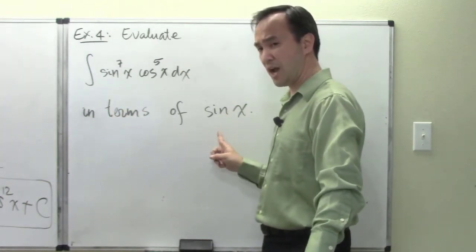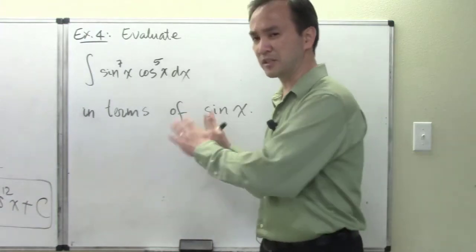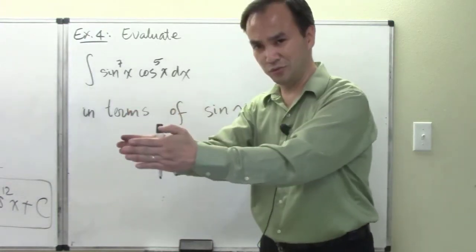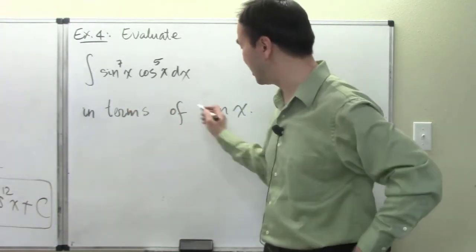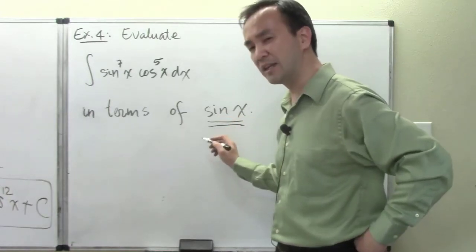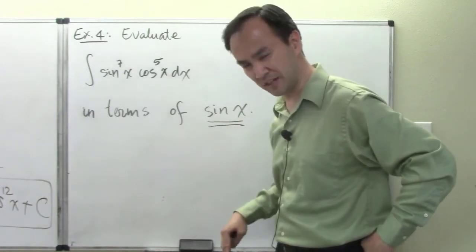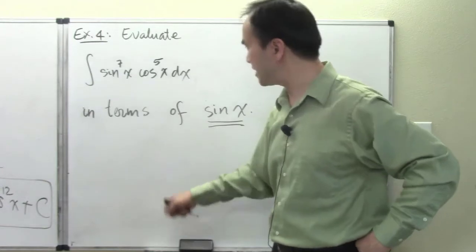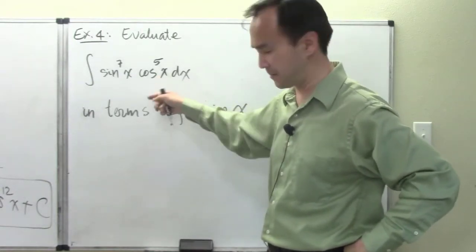So in this way, it purposely routes you in that direction, where you see, I want the final answer to be in terms of the sine of x. So that means we have to tackle down on this cosine.